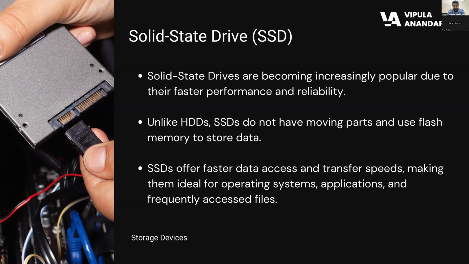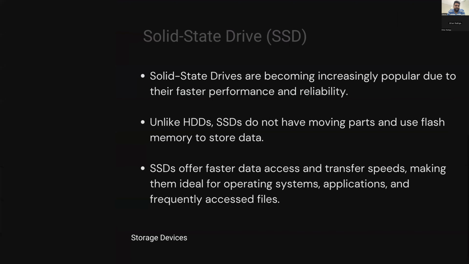Technically speaking, the transfer rate of a hard disk varies from 3 gigabytes per second to 6 gigabytes per second. And a high-speed SSD, such as an M.2 SSD, can go up to about 30 gigabytes per second. So it is quite fast, and performance-wise it's extremely good.